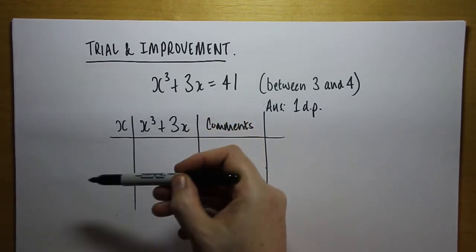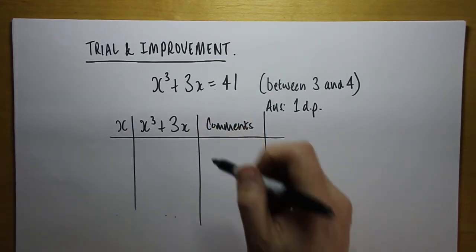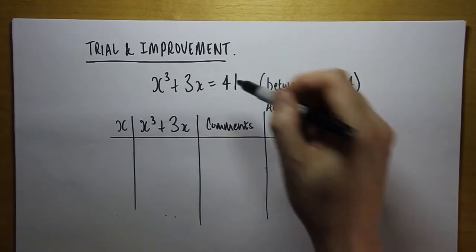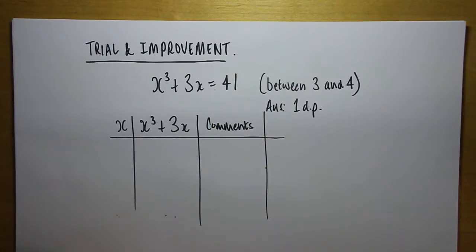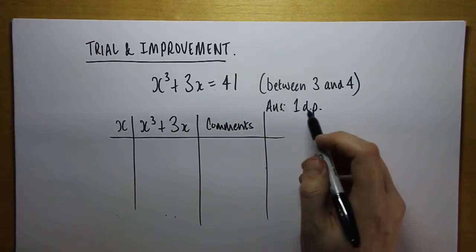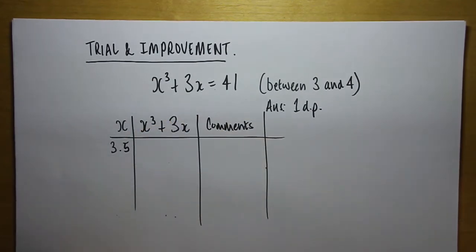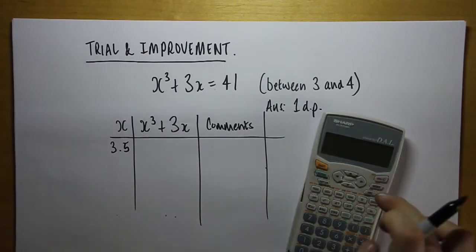And hopefully as we go through we'll get closer and closer until we hit on a satisfactorily accurate answer. We will start, well, it's between 3 and 4, so why not start at 3.5, exactly halfway between 3 and 4.